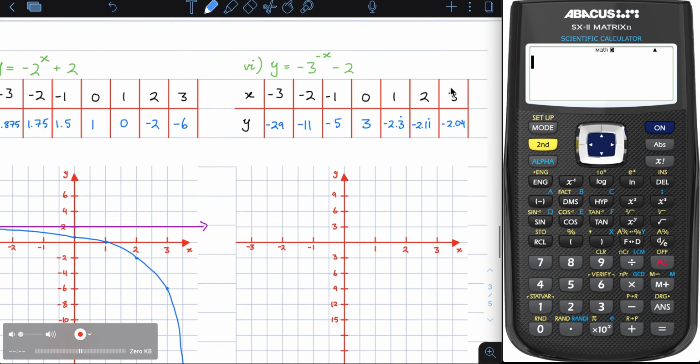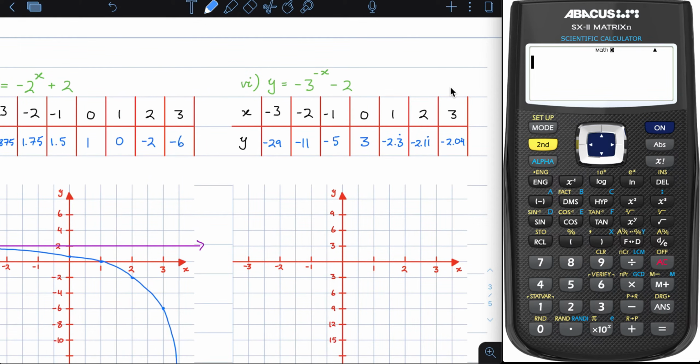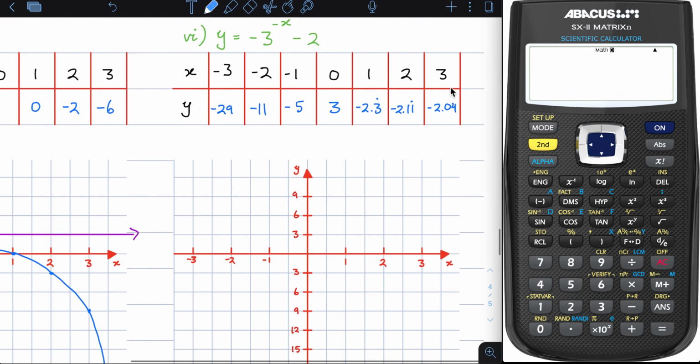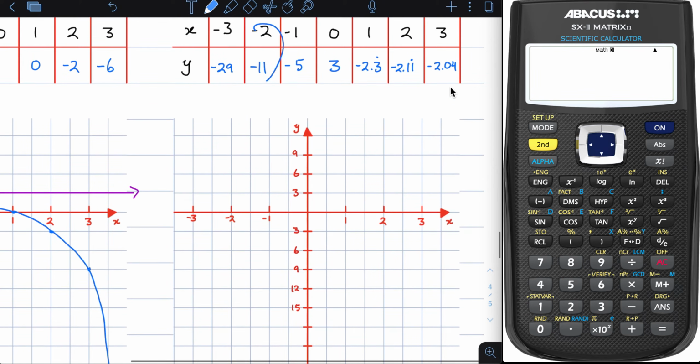One last one, graphing these. Negative 3, negative 29. 29 would be very close to 30, so something like this. 2, negative 2, 11.